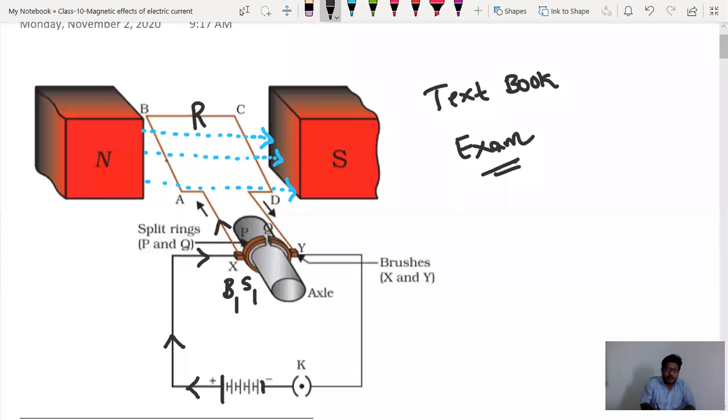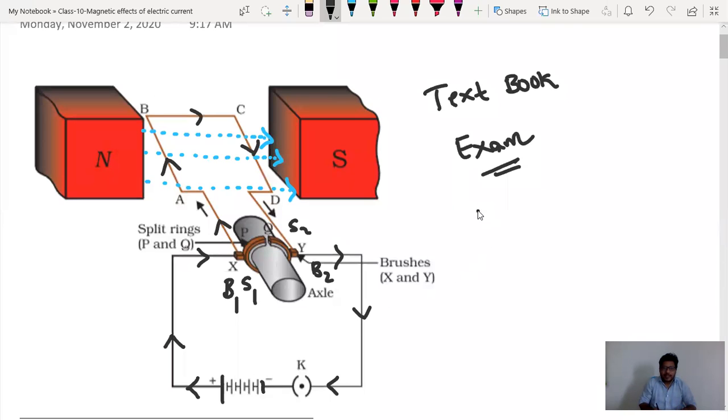First current will pass from A to B, then B to C, and then C to D, and then D to the second split ring S2, second brush B2, and eventually current will come out to the negative. So this is the direction of current.